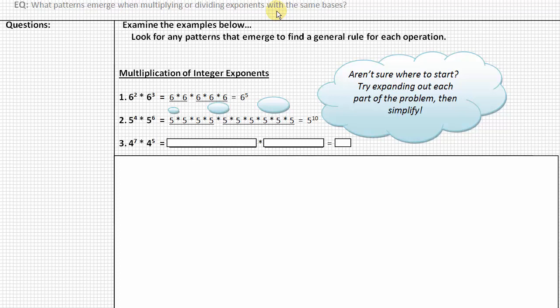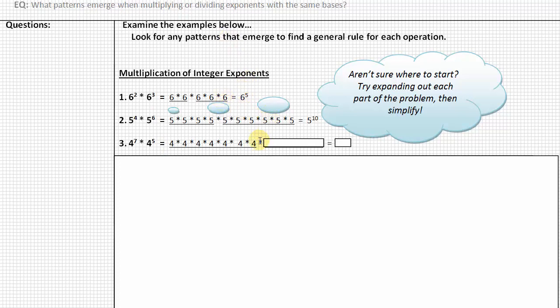If you haven't done so already, please go ahead and try the third problem, pausing the video if you need to, and then resuming when you're ready to check your work. So we have 4 to the 7th power times 4 to the 5th. 4 to the 7th power is expanded out to be 4 multiplied by itself 7 times.